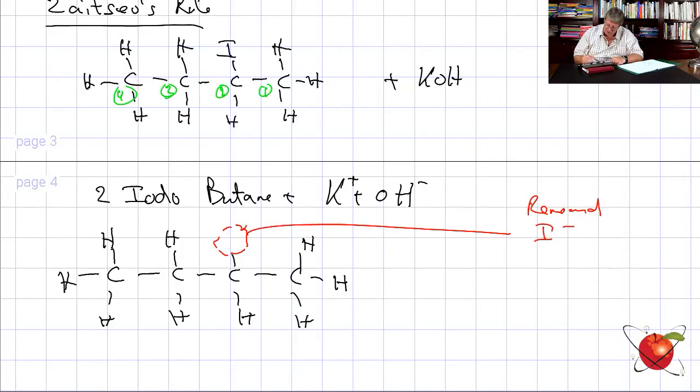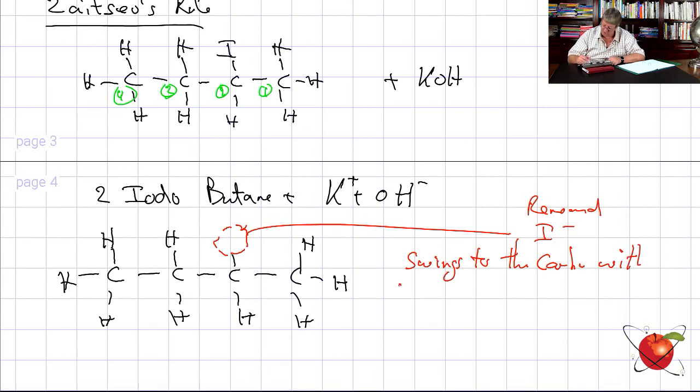So which way is this going to swing? It swings according to Zaitsev's rule, to the carbon with the least number of H atoms.